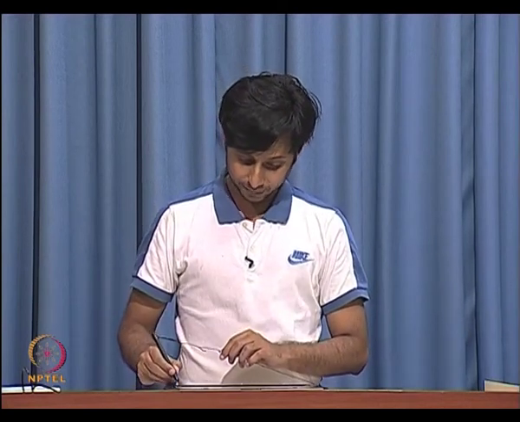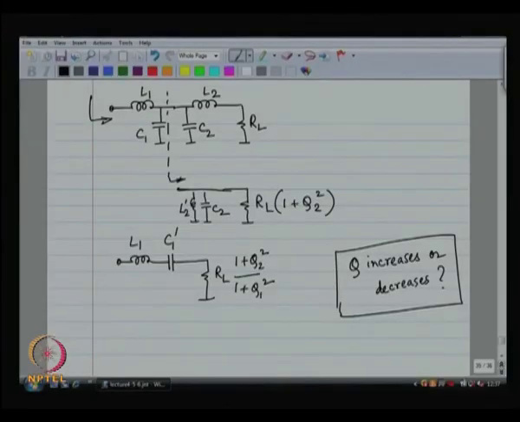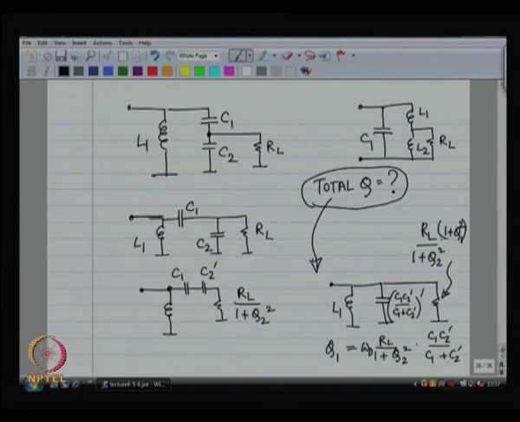Parallel exercises we can do with the T match, with the exact same methodology, and a different exercise could be the tapped capacitor or the tapped inductor matching networks. Okay. So, with this we are going to close this chapter, this entire module on RLC networks.